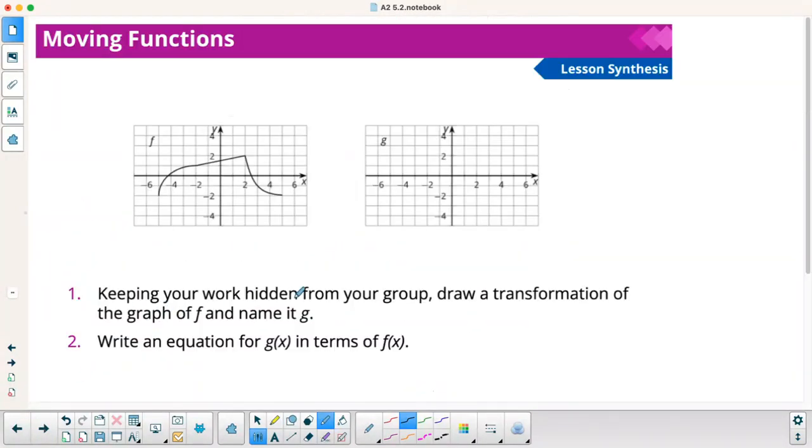All right, so keeping your work hidden from your group, draw a transformation of F and name it G. Okay, so here's my F. So let's say up 2. So let me trace this.